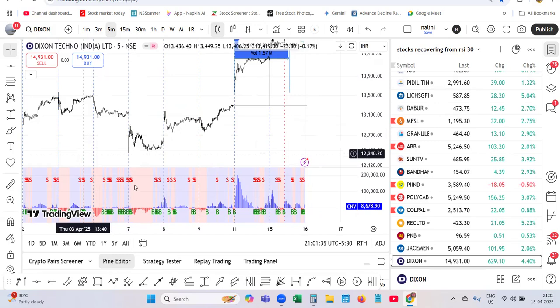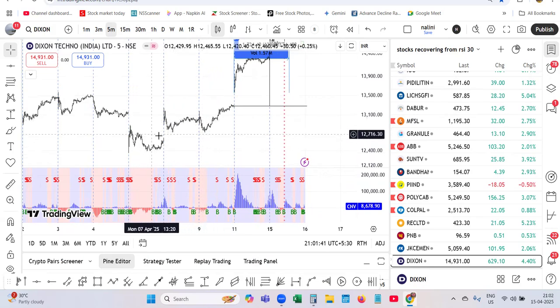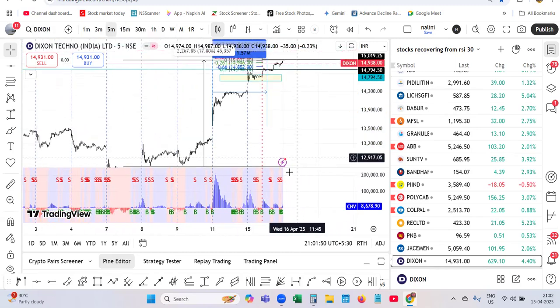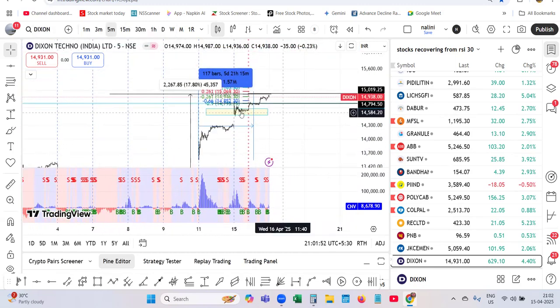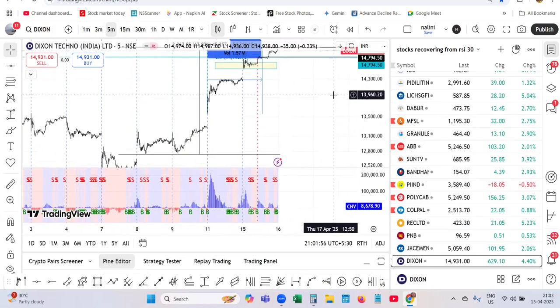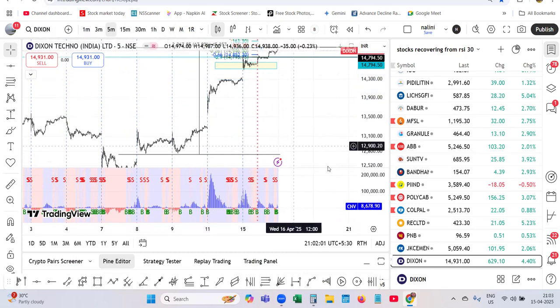Otherwise, you can consider an investment or swing opportunity in the equity. Suppose by seeing this, if you would have entered around 12,000 or 12,700, you would have gained more than 17%. 17% is huge. No bank will give you, no fixed deposit will give you.